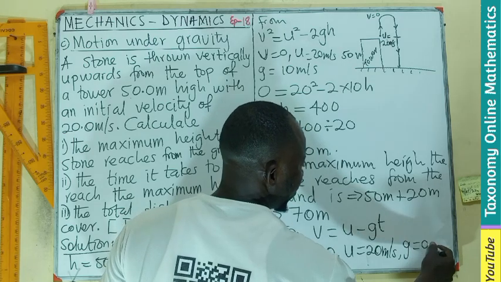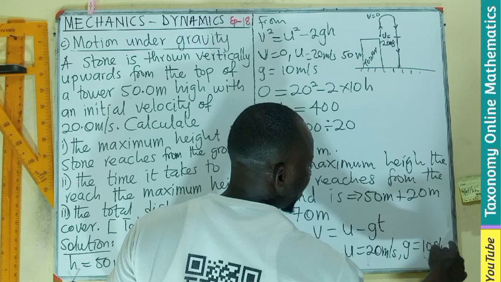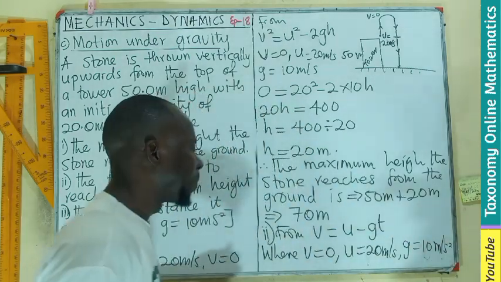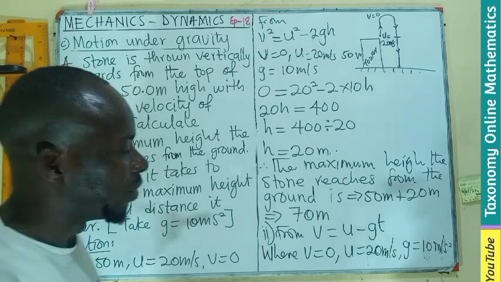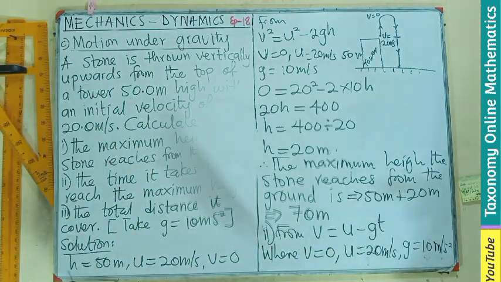If I say negative, we will have to put the positive there. So let's say 10 meters per second square. So these are the informations we need to substitute in order to find the time.